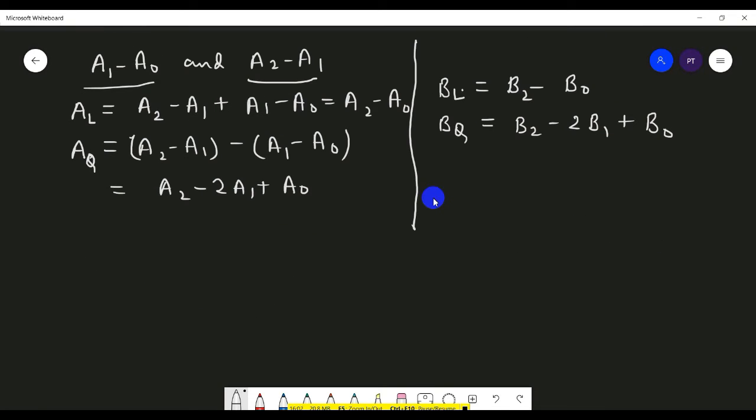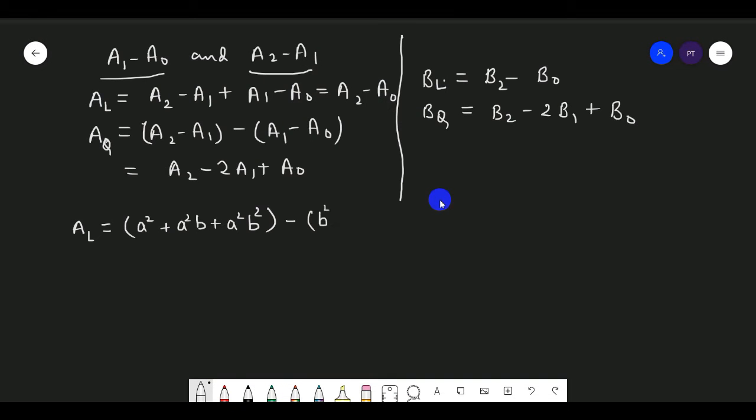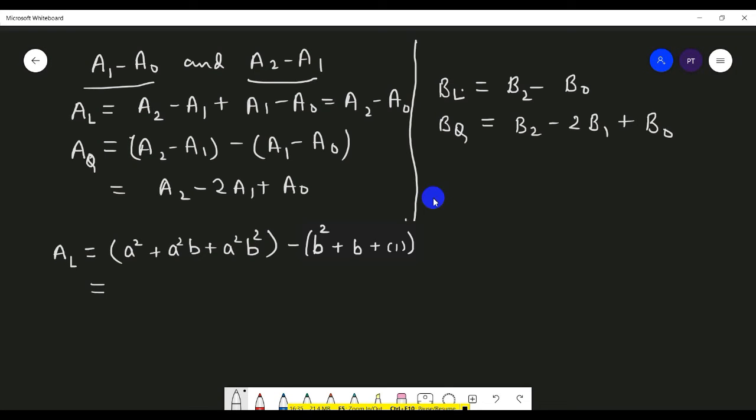Now we will put the values for A0, A1 and A2 to find the linear and quadratic effect of main effect of factor A. So AL is now equal to A2 minus A0, and that is a square plus a square b plus a square b square minus b square plus b plus 1. This, if you simplify, becomes equal to a square minus 1 into b square plus b plus 1.